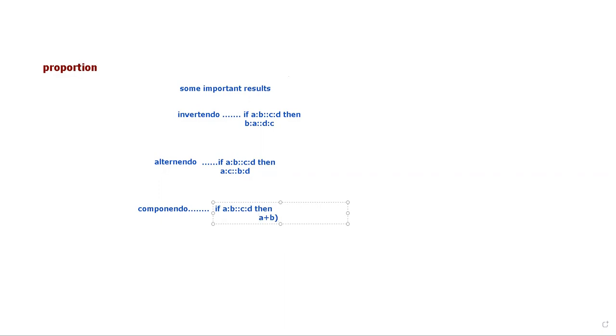Clear? A is to A plus B, then B is to C plus D. Clear? C plus D, and then this ratio D. This result is called componendo.